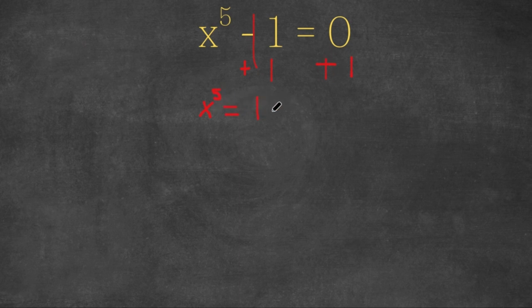So now that we have this, we want to get rid of this exponent here. We just want to get x by itself because that's our goal, finding the value of x, right? So to get rid of this exponent, we have to do the opposite of it, which is finding the root of it. Because its exponent is 5, we're going to put this term to the root of 5.